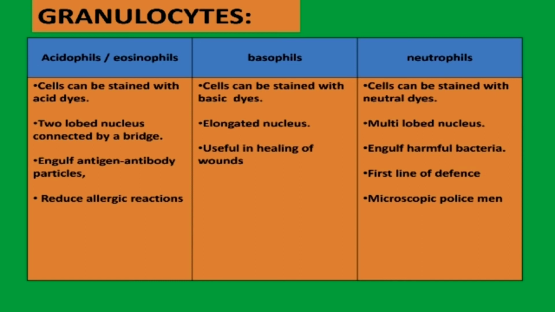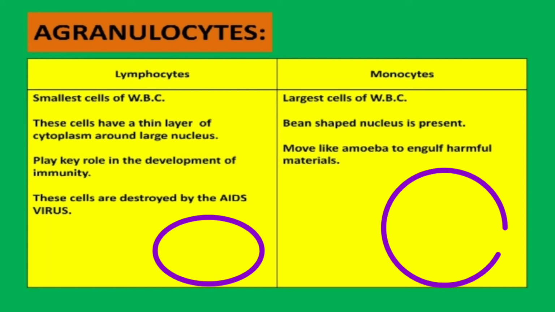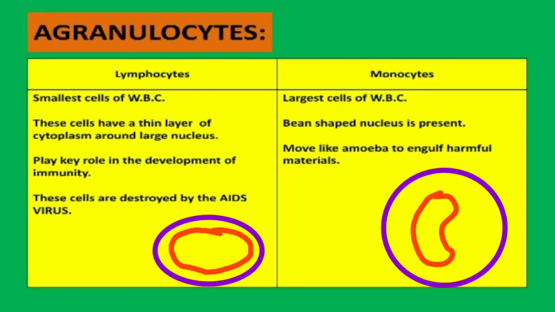Now coming to the agranulocytes, there are only two types: lymphocytes and monocytes. Among all the WBC, the smallest cells are lymphocytes, and the largest cells are monocytes. In lymphocytes, the nucleus is very large compared to the cell, and cytoplasm is also present.